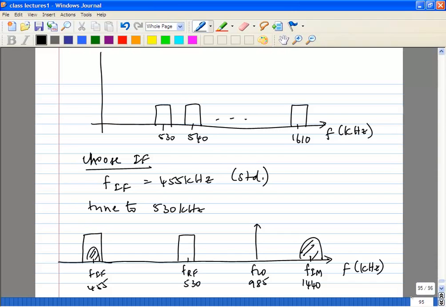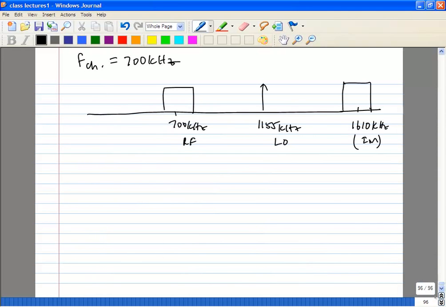So it turns out that for this particular channel, if you choose any IF larger than 455, your image is going to fall out of band.